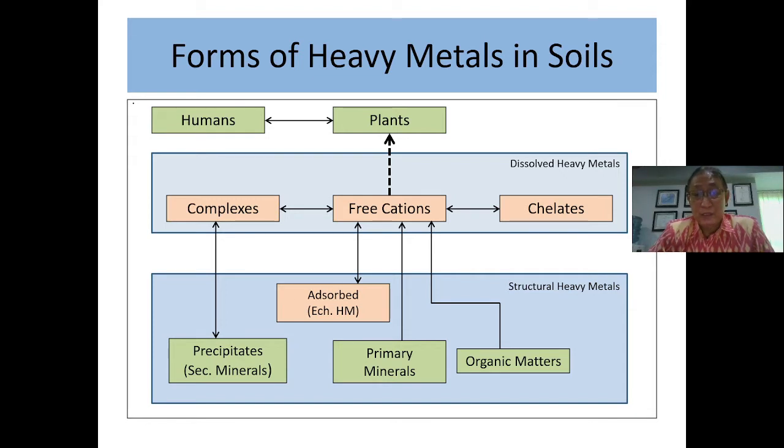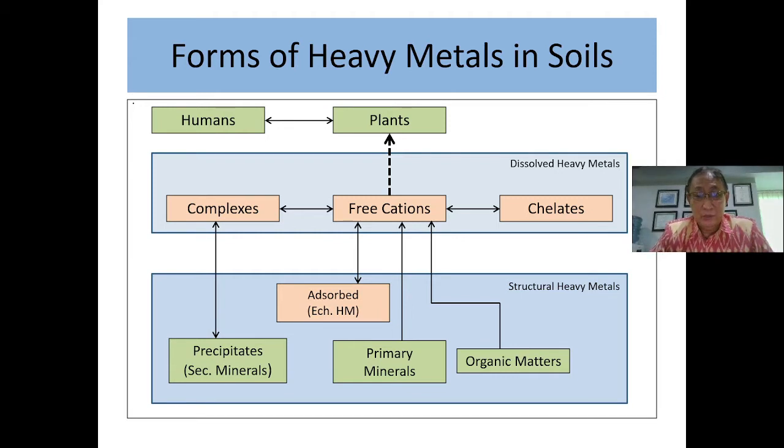We can find some are dissolved heavy metal and some are structural heavy metal. Dissolved heavy metal may consist of complexes, chelates, and free cation. And structural heavy metal, we have exchangeable heavy metal, secondary mineral or precipitates, primary minerals, and also organics.